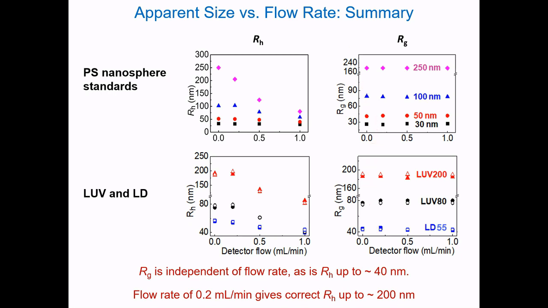On the contrary, dynamic light scattering in flow mode gives accurate hydrodynamic radii only at the slowest longitudinal flow of 0.2 milliliter per minute. With increasing longitudinal flow velocity, the error in determination of hydrodynamic size rapidly increases.